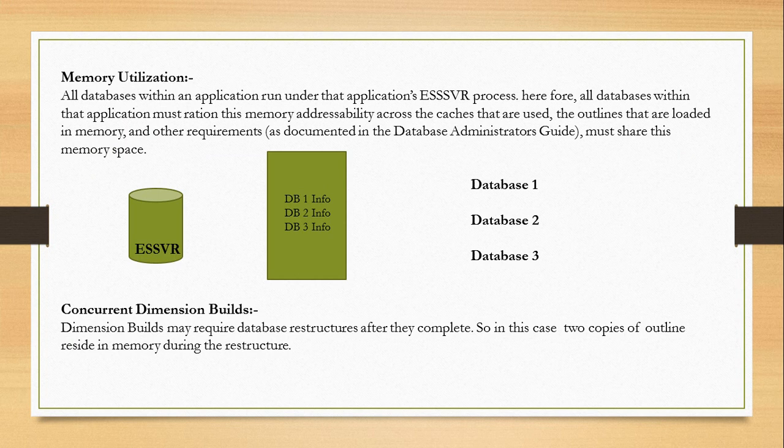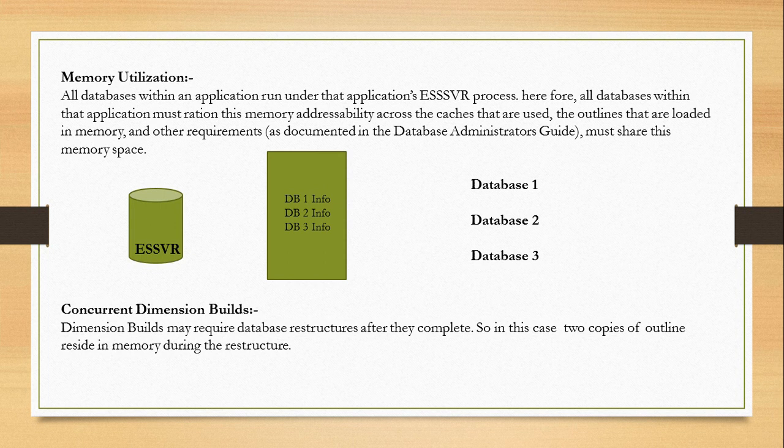Suppose my application has more than one database, say database 1, database 2 and database 3. The SVR process in memory has some memory addressability. This addressability should be rationed among these three databases, which causes contention for the caches being used by the SVR process.